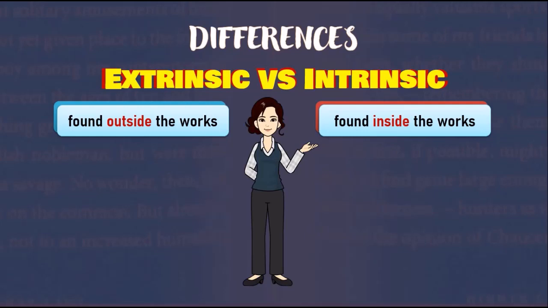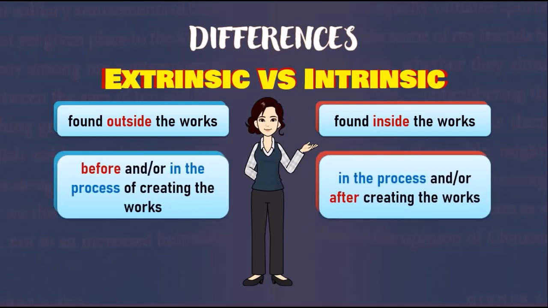Okay, the next difference is related to the time when these elements influence the creation of the literary works. So the extrinsic elements mostly influence the writers or the authors before and or in the process of producing the works.